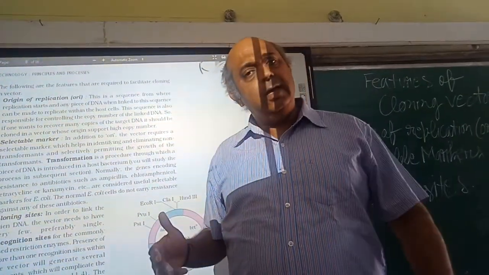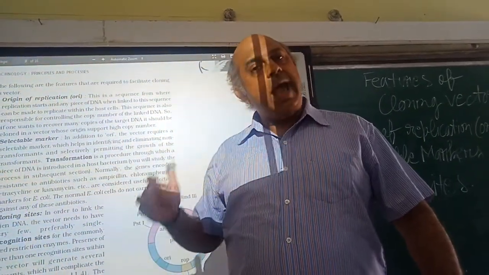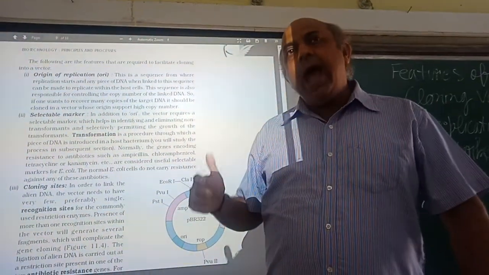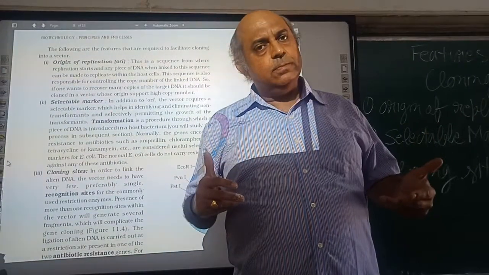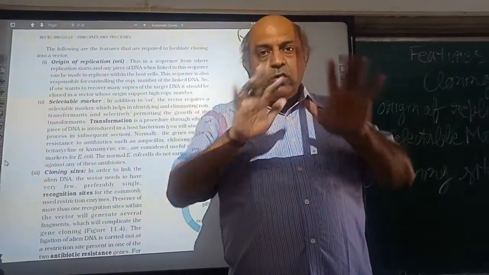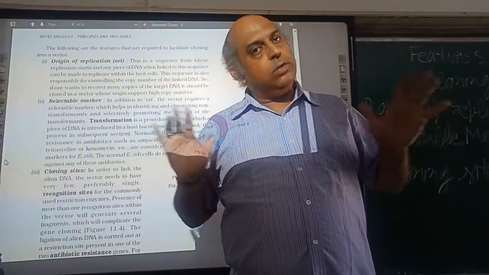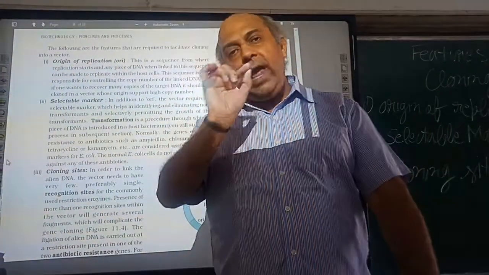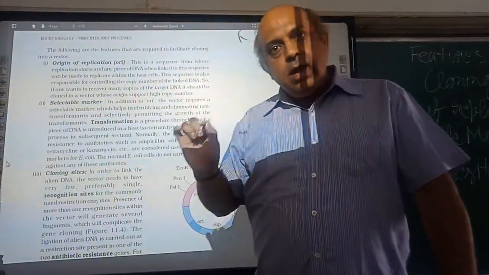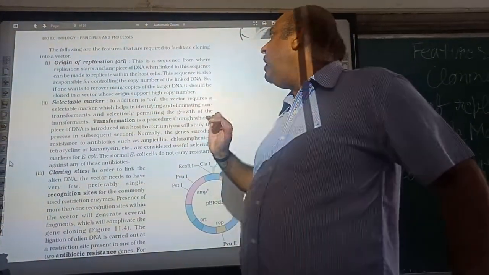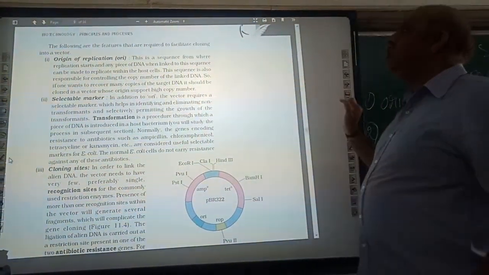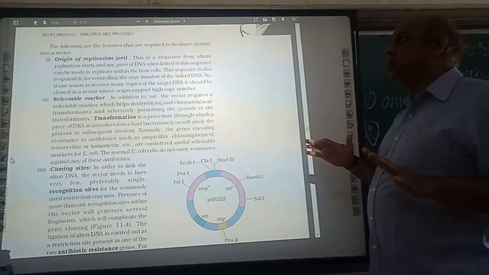can't multiply. I have already told you, as we have 23 pairs of chromosomes in our cells, all of our chromosomes have ORI on them, because without an ORI, a DNA segment cannot replicate. That's why ORI is called origin of replication.